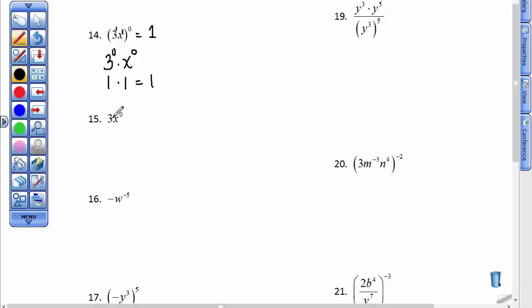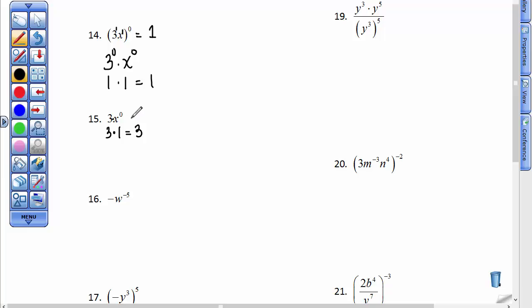But this one is 3 times 1. So in this case, that's equal to 3. So be careful. Not everything was raised to the 0 power in this problem, just the x was raised to the 0 power. The coefficient of 3 was truly a factor of 3.